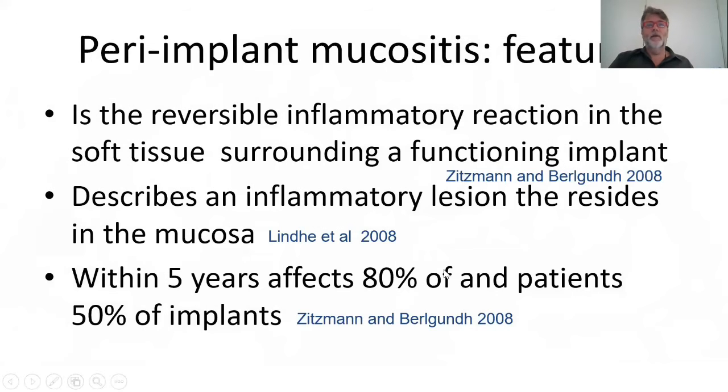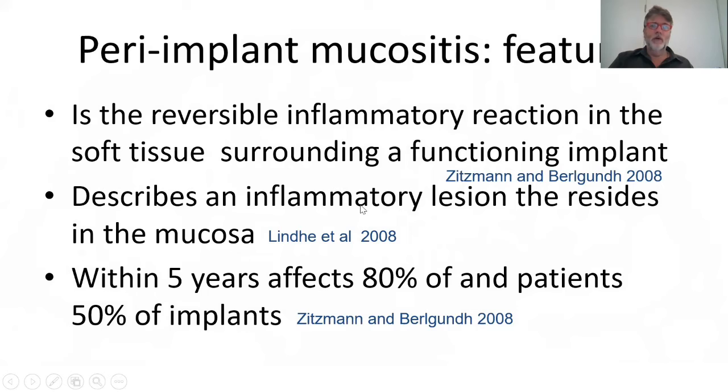So peri-implant mucositis, the features: I said it's the reversible inflammatory reaction in the soft tissues surrounding a functioning implant, and describes an inflammatory lesion that resides in just the mucosa. And that was Lindhe in 2008.